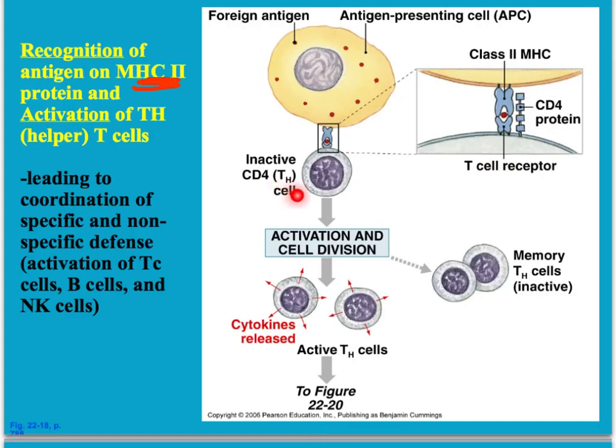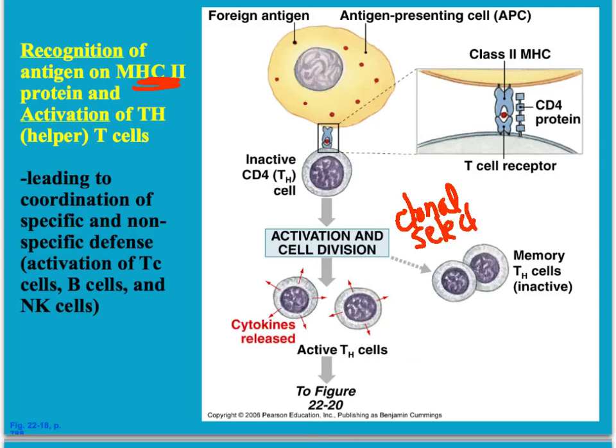Keep in mind that helper T cell is going to have a receptor specific for that antigen. Once these bind together, they're going to activate those helper T cells, and you're going to get that mitotic division thing. The current book is going to call that mitotic division thing clonal selection.